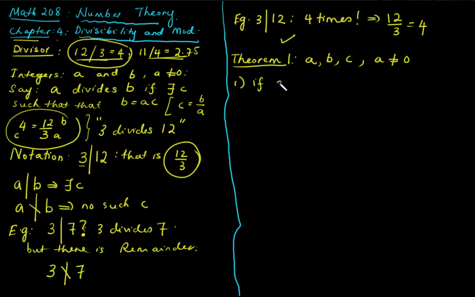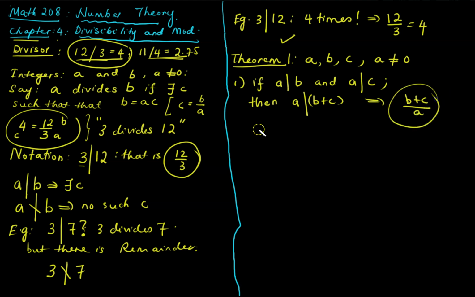If A divides B and A divides C, which means how many times A goes into B and how many times A goes into C, then we can actually say that A divides both B plus C. I'm going to put in parentheses, because this is basically B plus C over A. It's just a common denominator, right?